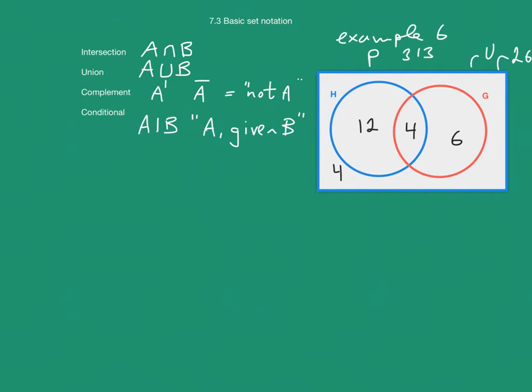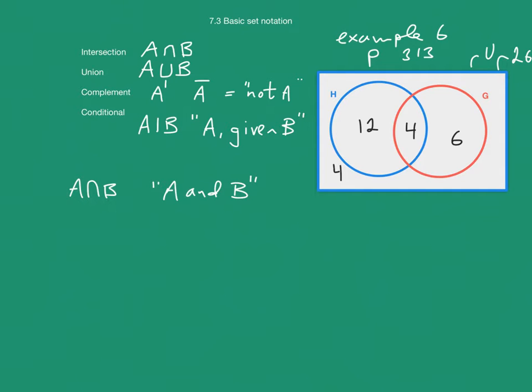So what does it mean then when we say the intersection between A and B? The intersection means A and B. So we could translate that inverted U sign, the intersection, as "and", because when we look at this, the intersection is this area here, right?